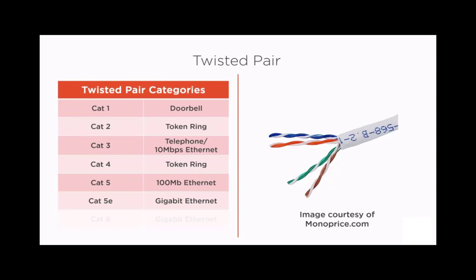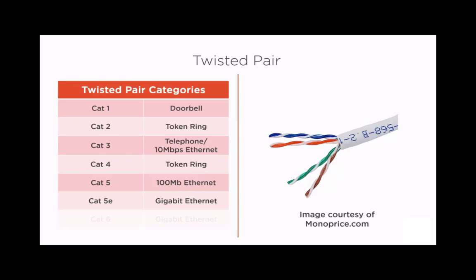Cat 3 is still used on very few occasions. We use Cat 3 in our telephone system to connect our telephones. After that, Cat 4 is token ring, which is IBM technology and is obsolete now. These 4 are obsolete. They are no longer used in our communication.